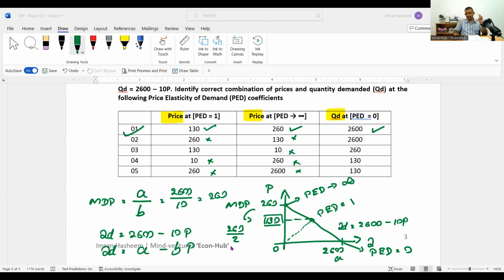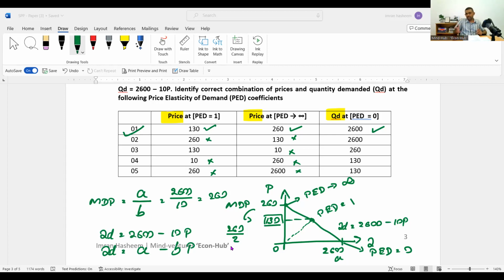And are you guys clear why I took so much effort with these fundamental areas of price elasticity of demand? Because this is a very comprehensive question. I'm testing 3 things. Normally, they will not test 3 elements of knowledge.